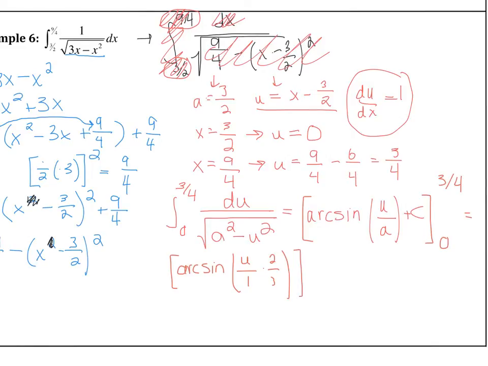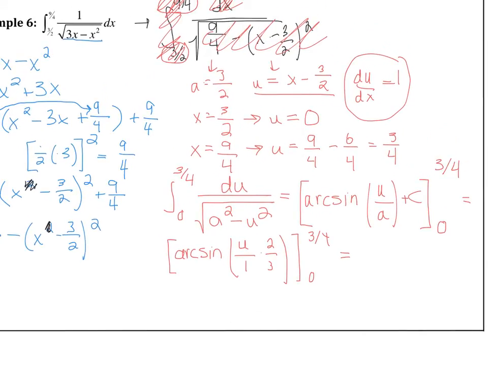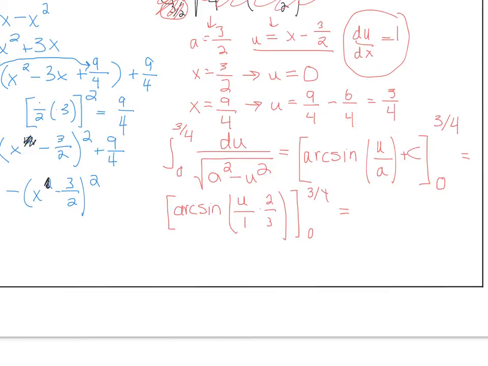All right, and now let's do that definite integral step. We'll have the arc sine of, let's see, first we'll plug in 3/4. I'm going to go back to my pencil here. The arc sine of 3/4 times 2/3, right?